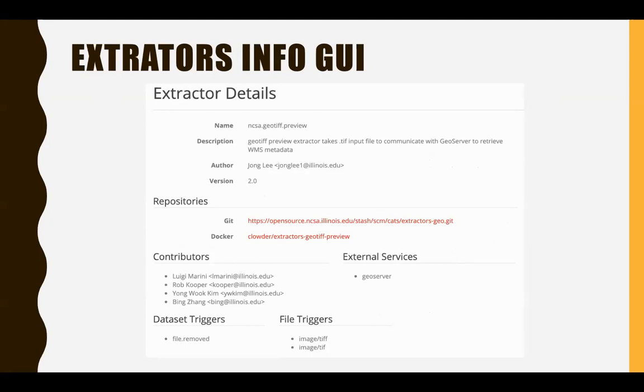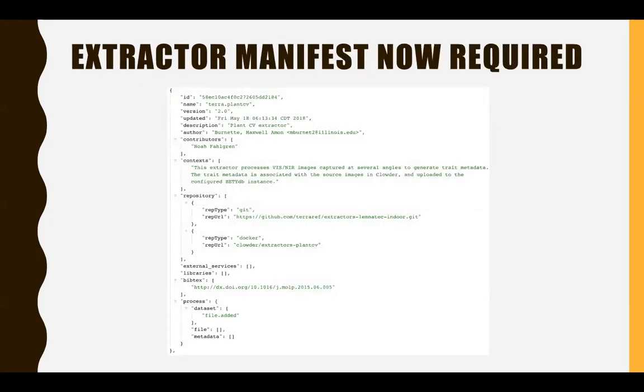We now have a user interface to look at this information through the Clowder UI, but behind the scenes, this information is defined as a JSON document together with the extractor, so it's deployed with the extractor. This is an example of that information. That information is now required. While before extractors could register themselves with the Clowder front end without this, now this is required.